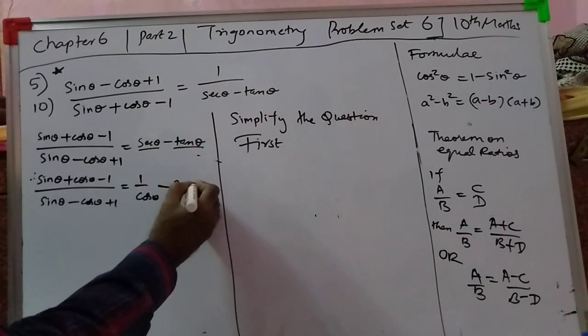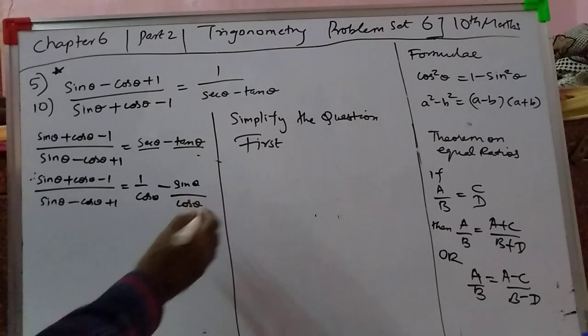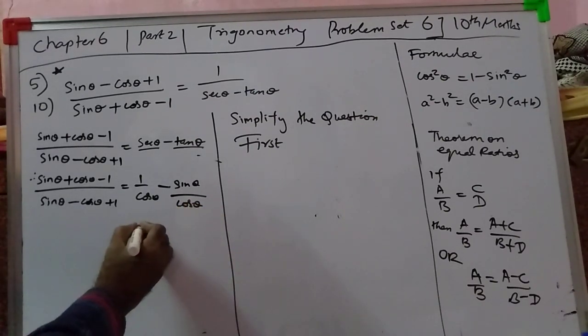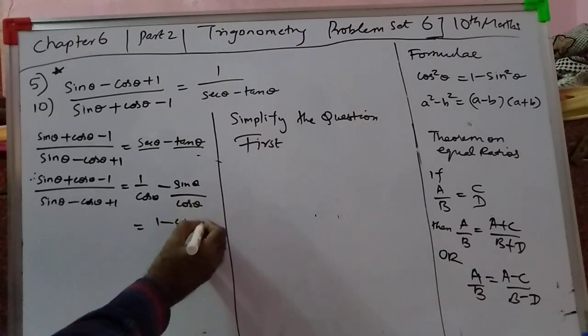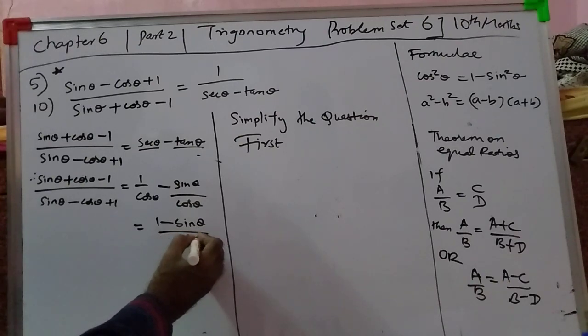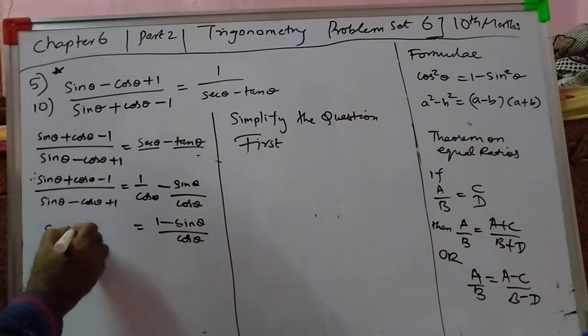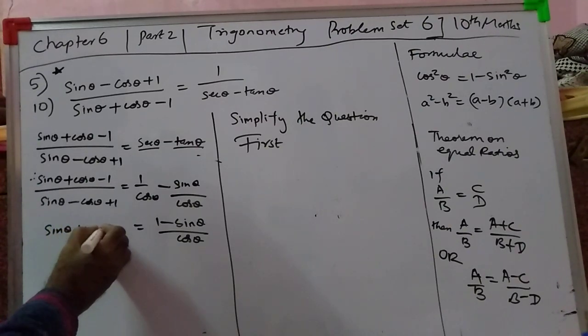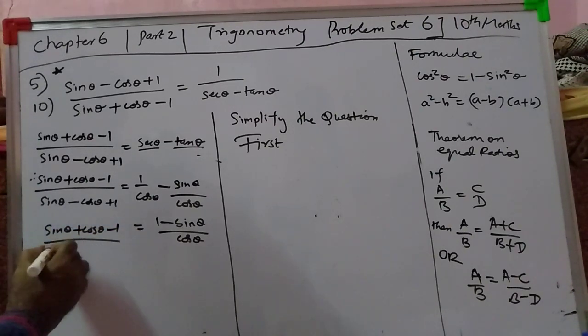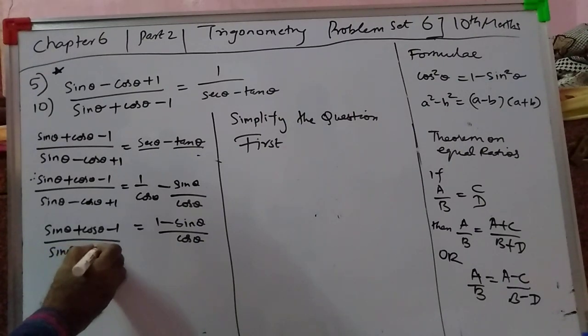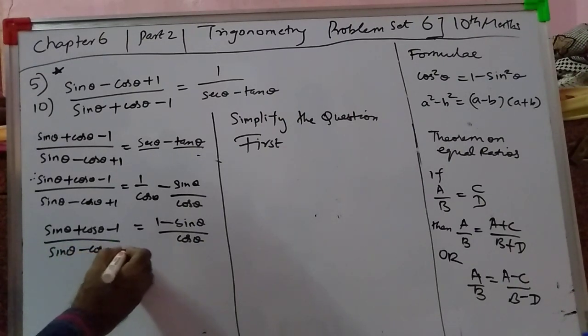It is sin theta upon cos theta. Cos theta is common. That will become 1 minus sin theta upon cos theta. So here we will see this part: (sin theta plus cos theta minus 1) upon (sin theta minus cos theta plus 1).